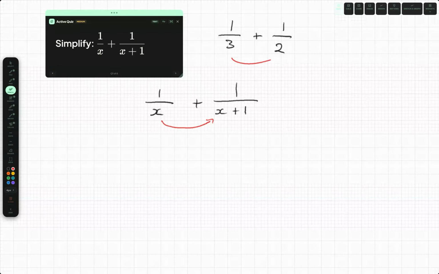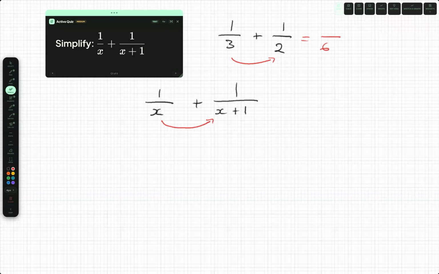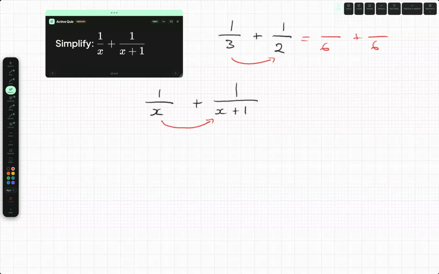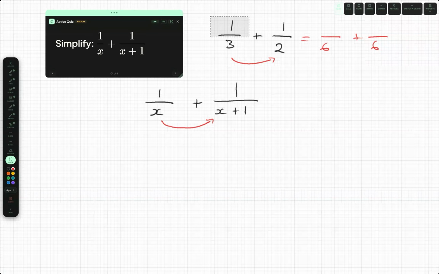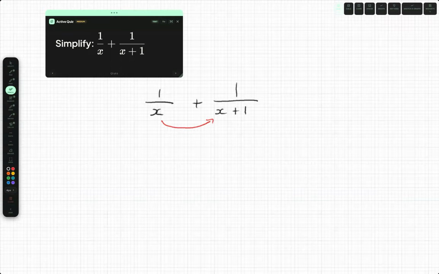If I multiplied 3 and 2, I'd get something over 6 plus something over 6 as a common multiple. The thing is that when we do this numerically, it's not always guaranteed to give us the lowest common multiple. But when we're working algebraically with our two terms down the bottom, or a couple of terms that involve a pronumeral, this is how we end up getting our common multiple as a denominator.